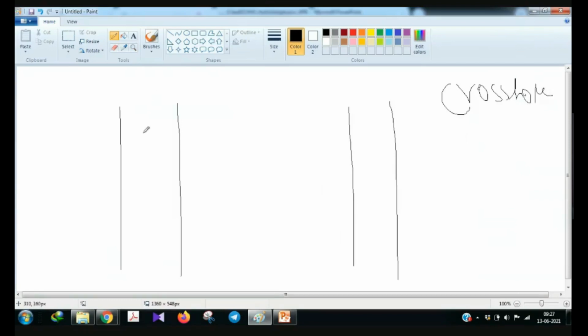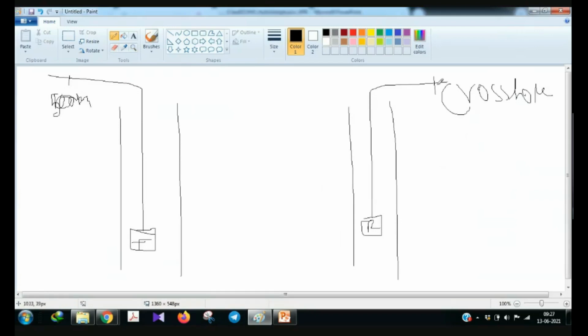So you have two boreholes, and you put the transmitter here by a cable, and the receiver here. In that cable you have the depth marking. So you see that your transmitter is at, for the sake of simplicity, 50 meters, and the receiver is also at 50 meters.